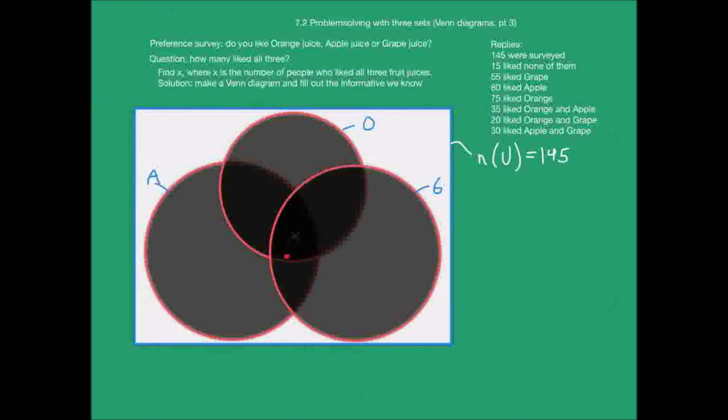And we call that the intersection of A and O and G. Now, the way we write that is, we write the intersection between A and O and G. And this symbol here, we translate that with intersection, because these are intersecting circles.